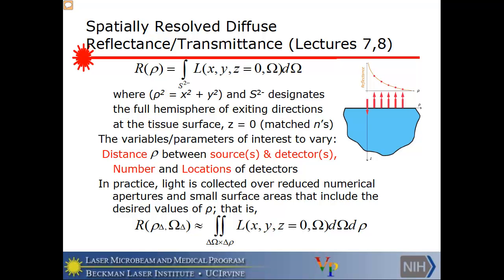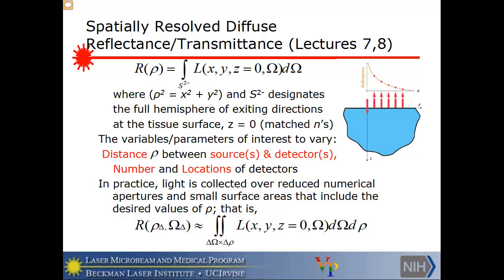And S2 minus here, S2 is the unit sphere of all directions. S2 minus is just the directions heading out of the tissue. So S2 plus would be the other half of the sphere coming down. So you're just looking at emergent photons from the tissue with reflectance.